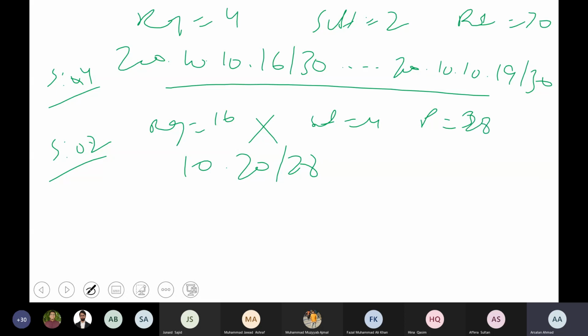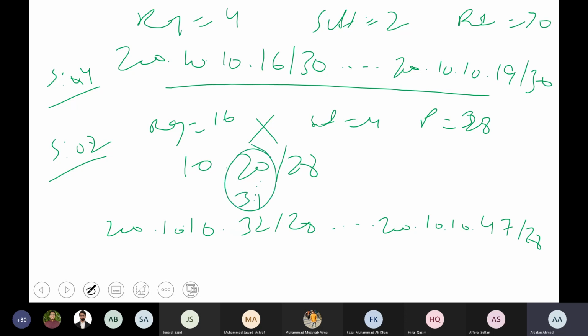So you will have to waste some addresses over here, and you will have to go up until 10.32/28. 200.10.10.32/28 up until 200.10.10.47/28. This means that from 21 up until 31, these are the addresses being wasted, because of the rule.